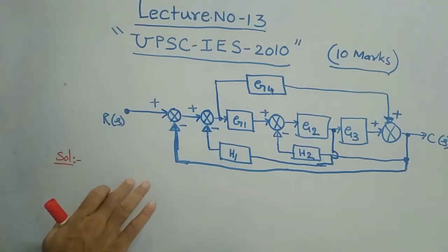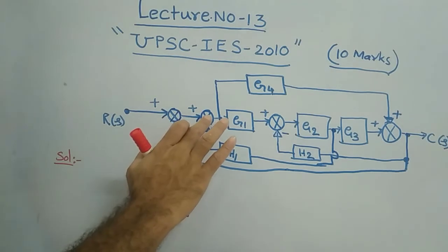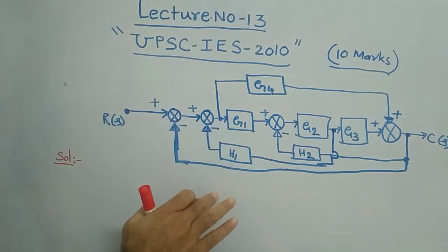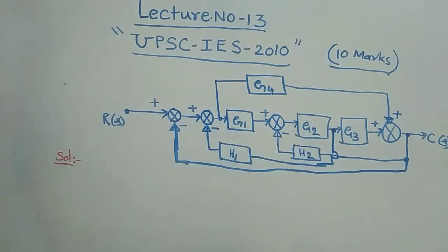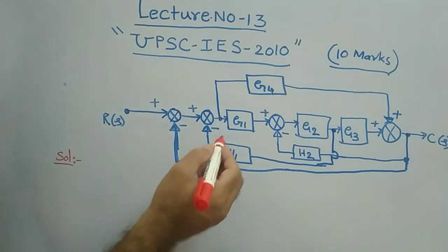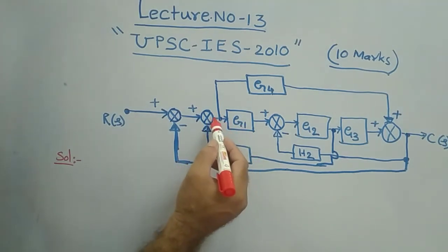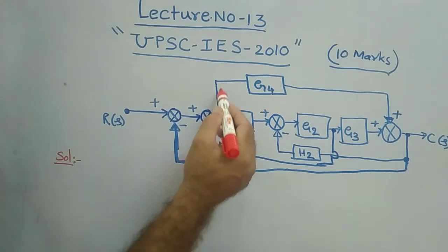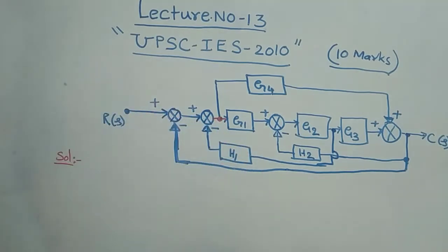R of S also you have to consider as a node. And you need to consider this summing point as a node, this summing point also, and this summing point also. Not only that, other than summing points, you have takeoff points also. Let us see, after this summing point, before this G1, there is a connection you are able to see here. There is a connection through which your G4 is connected to the summer. Means this point is called your takeoff point. Clear?